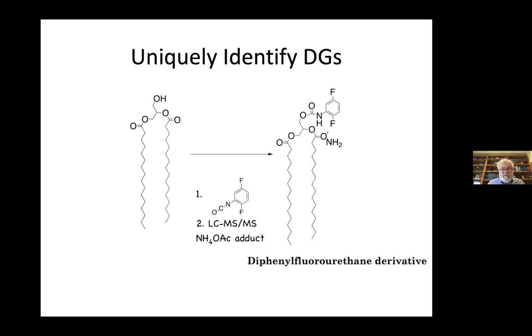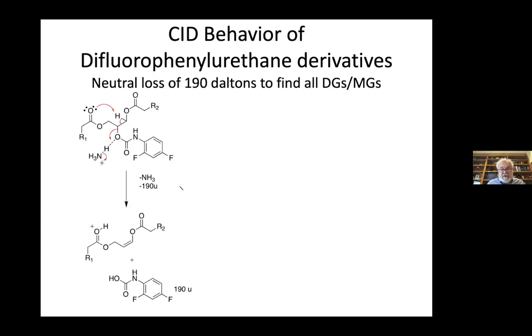Now, to get around this problem of uniquely identifying diglycerides, because they can be confused with other species, we've gone to derivatization of diglycerides with this isocyanate to form the diphenolfluorourethane derivative. And that just forms another ester, which just nicely forms an attachment ion.